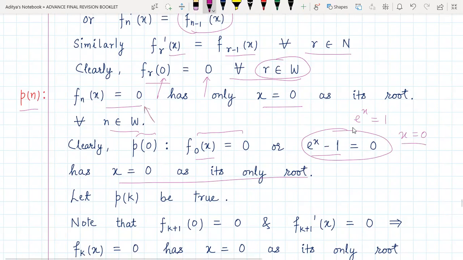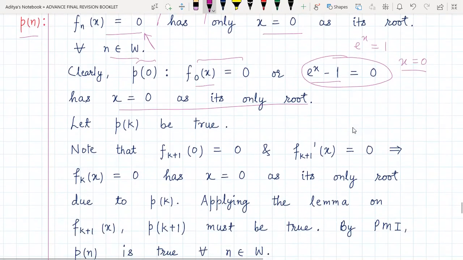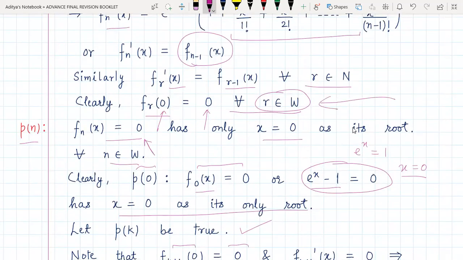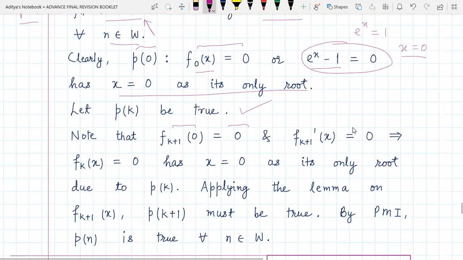For the principle of mathematical induction, the base case has been established, that for n equal to 0, p of 0 holds true. Now let us assume that p of k is true. Then f k plus 1 of 0 would be 0, obviously, because of the result that we have already proved. And secondly, f k plus 1 prime x equal to 0, when we solve.